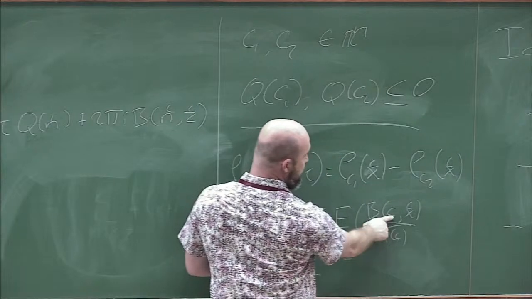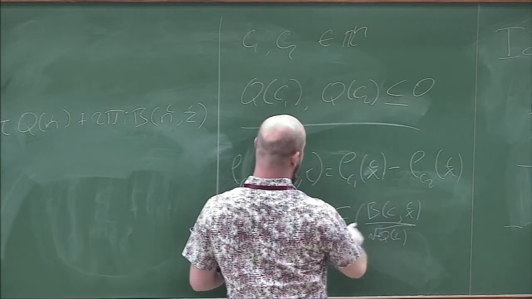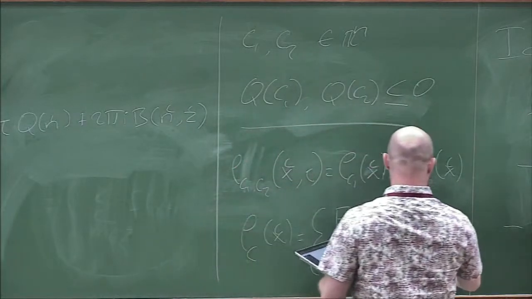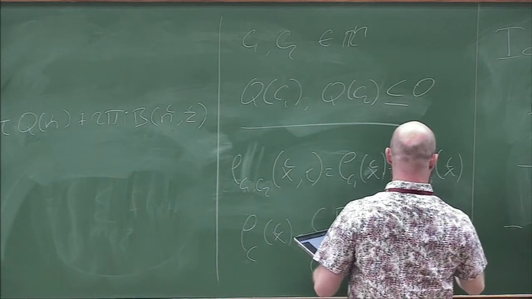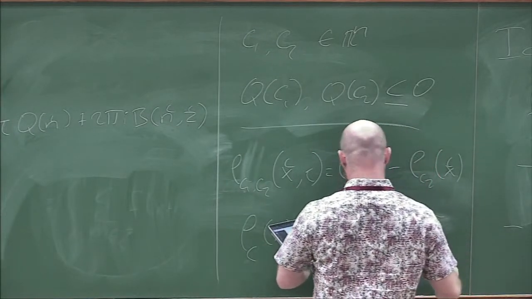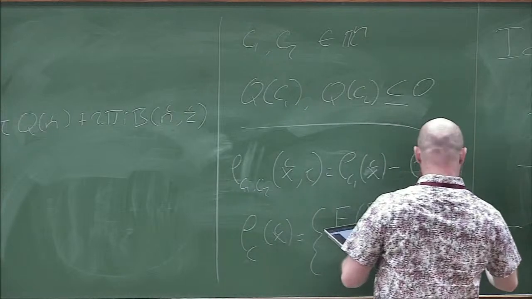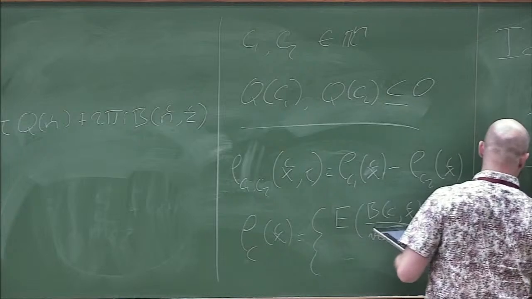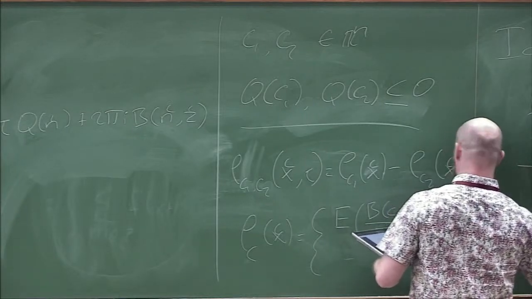This term simplifies if you take c to have norm minus 1. Of course, that nicely simplifies. And then we do square root of the imaginary part of tau. Let me just say square root of v. Again, this is if the quadratic form of c is less than 0.